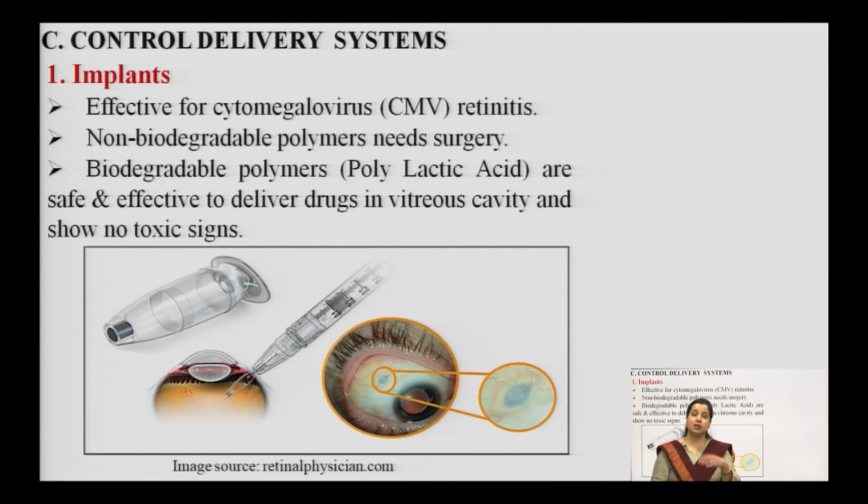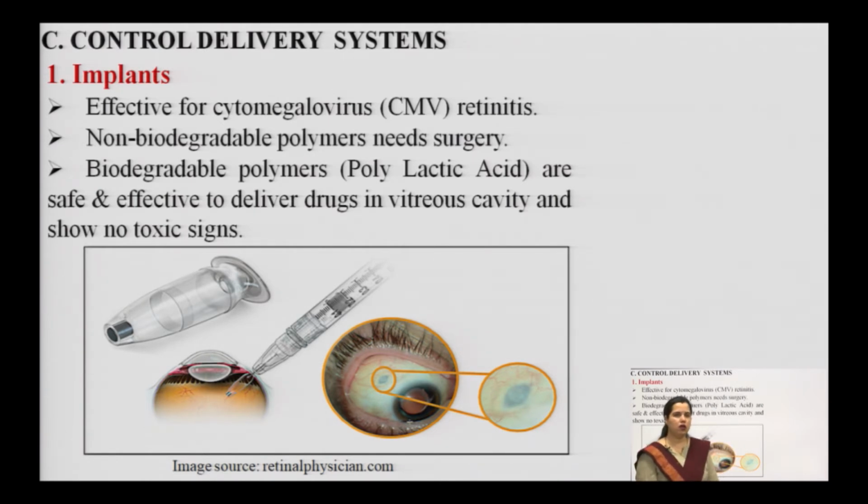Biodegradable polymers can be used to make this type of preparation, such as polylactic acid (PLA), which are safe and effective to deliver drug in the vitreous cavity and show no toxic signs. So, different biodegradable and non-biodegradable polymers can be used for implants, right.